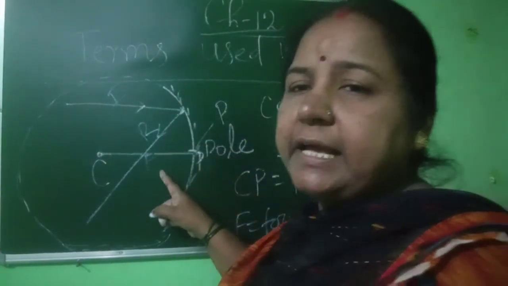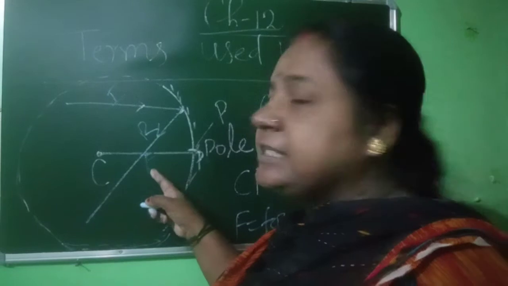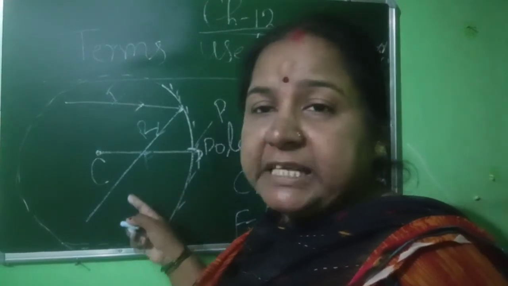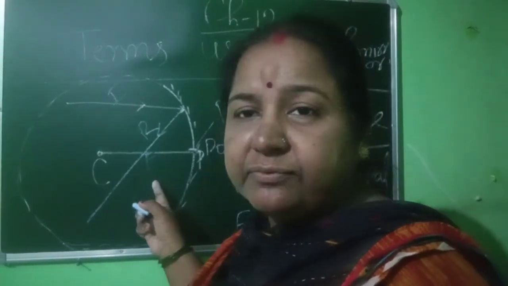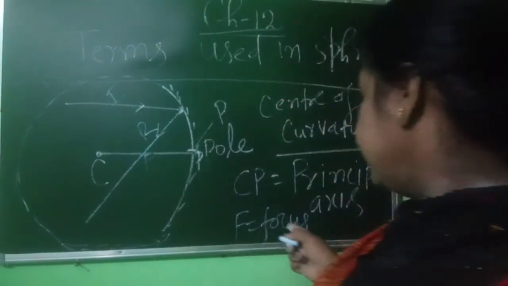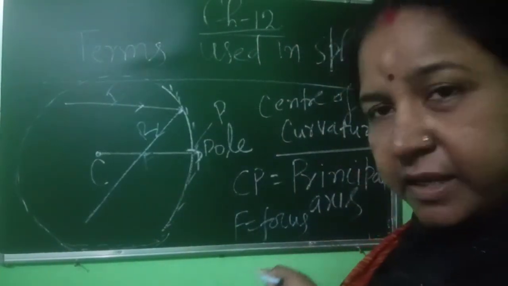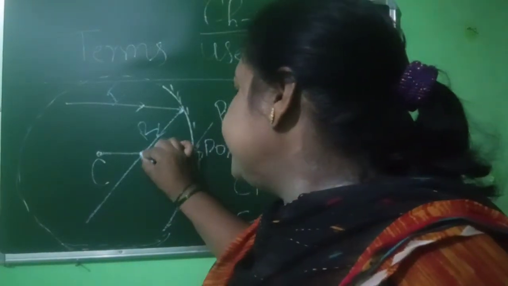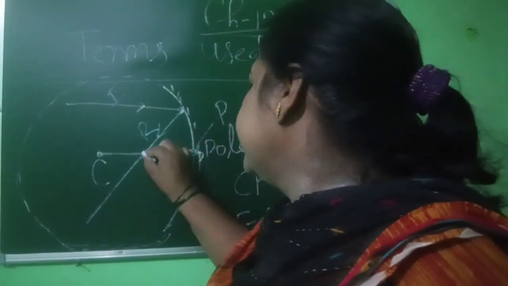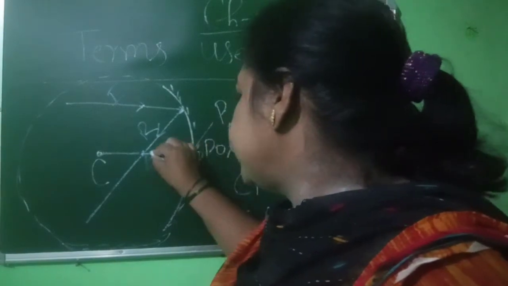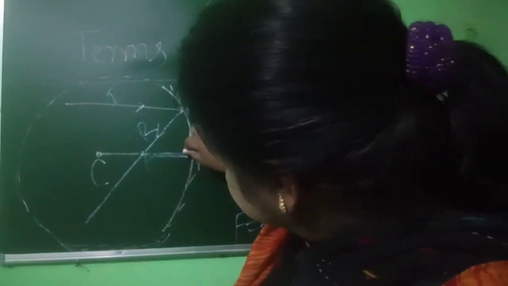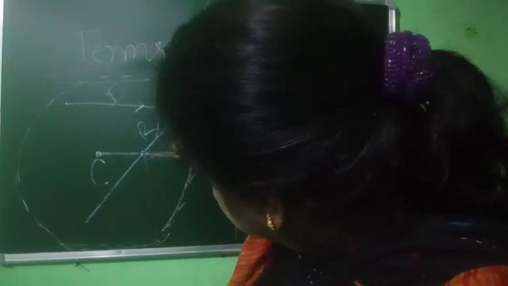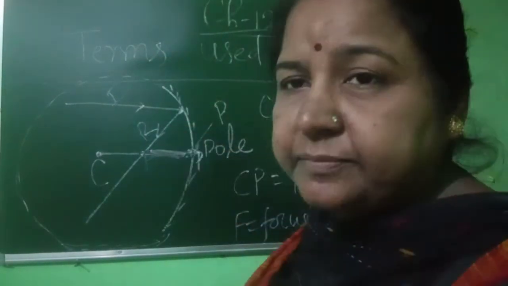When the reflected ray intersects the principal axis at point F, this point F is called the focus. Understand? Now the distance between focus and pole, that is FP, is the focal length.